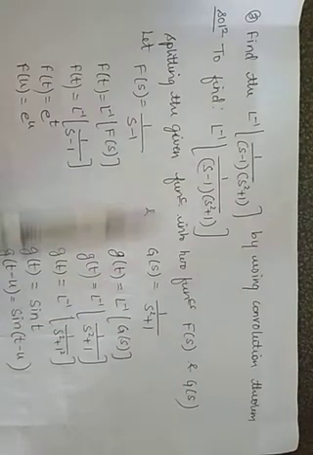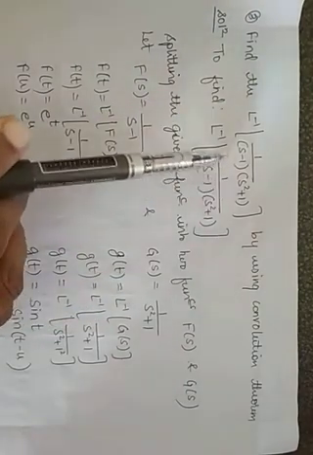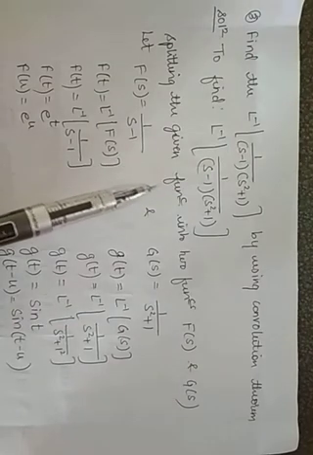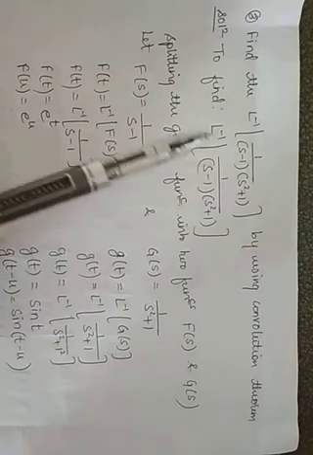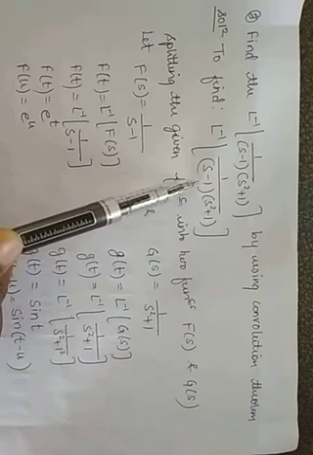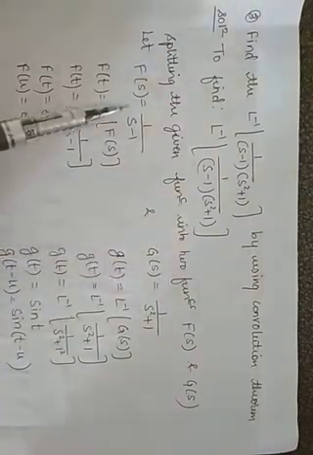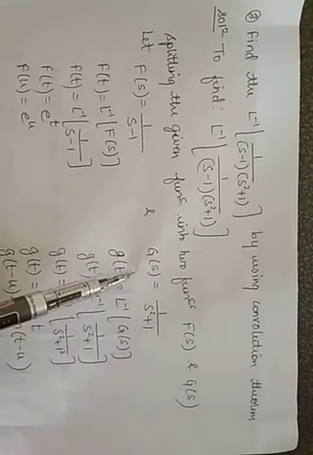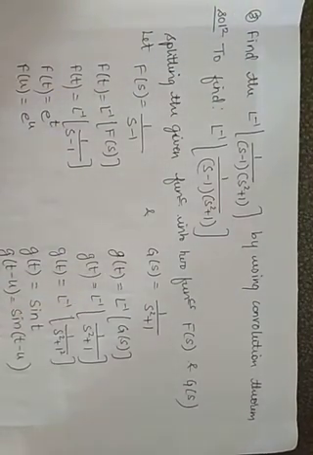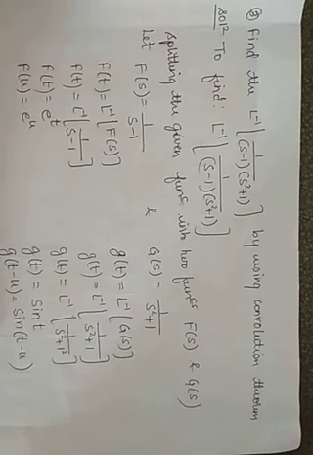If you observe in the denominator you are having two brackets, so try to split this into two functions as 1 upon s minus 1 and another one 1 upon s square plus 1. Denote that as f of s and g of s. Once we get f of s, find what is f of t.